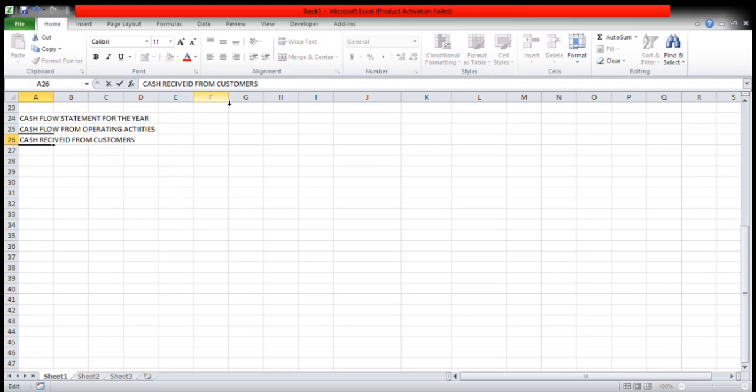So we're going to have the cash paid to suppliers. So the two make up what you call the cash generated from operations.